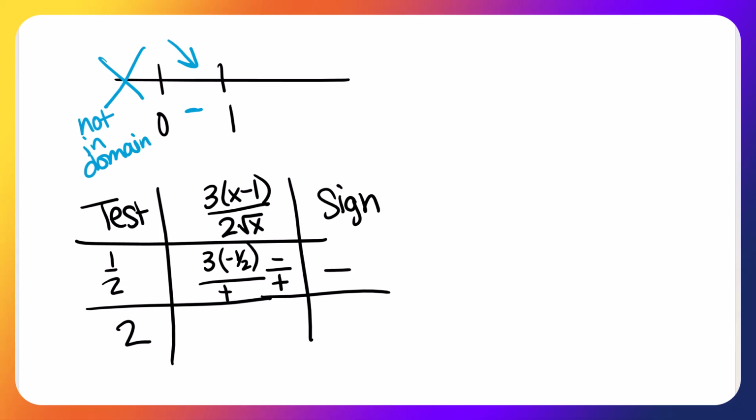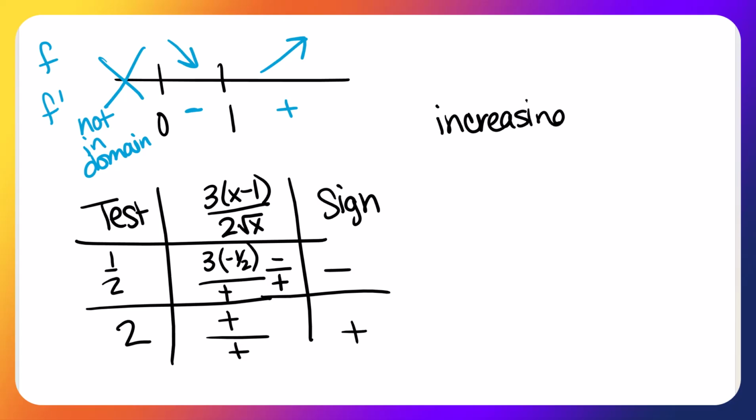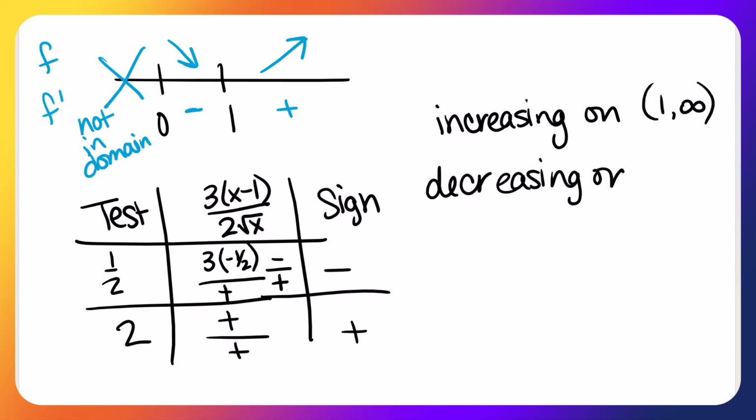If I plug in 2, that's going to give me a positive value in the top, a positive value in the bottom, so overall that's going to be positive. So if my derivative is positive, that means my original function is increasing. So when we are looking for where our function is increasing, we know it's going to be increasing from 1 to infinity, and we know it will be decreasing on the interval from 0 to 1.